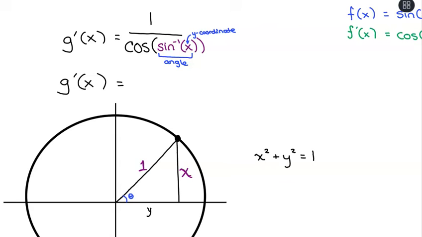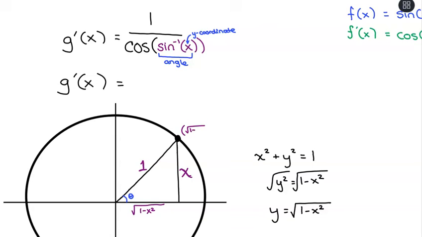So if I wanted to solve for that side length there, go 1 minus x squared, square root of both sides. Then we should have plus or minus, but we're going to stick to positive land here. So we're getting a root 1 minus x squared for that side length. So this angle measurement, if we have a y coordinate of x, then the x coordinate would be the square root of 1 minus x squared, and then a value of x over there.